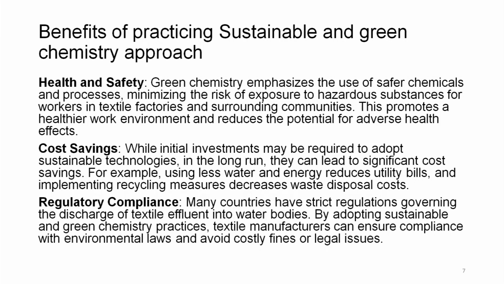So, even regulatory compliance can be made easily if we are looking into sustainable and green chemistry approach, because there will be less amount of hazardous chemicals and less of such mitigation would be required.